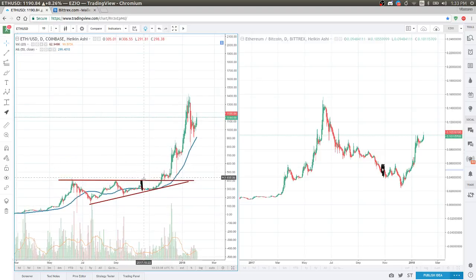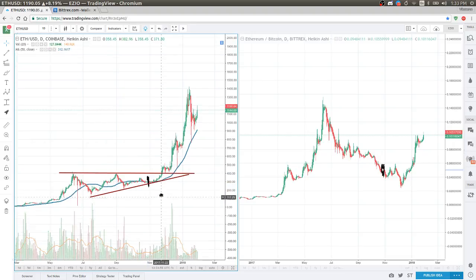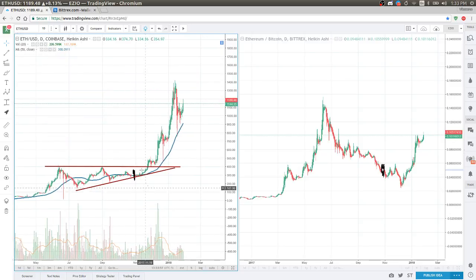Probably it would be an even better buy after it broke, right? Because it's more safe, let's say, because you never know. Flat top triangles, yeah, sure, they should go up, but they can fail and go down. We're not sure. And then of course we can see what we can see here.